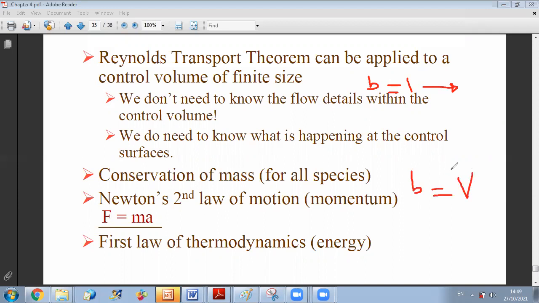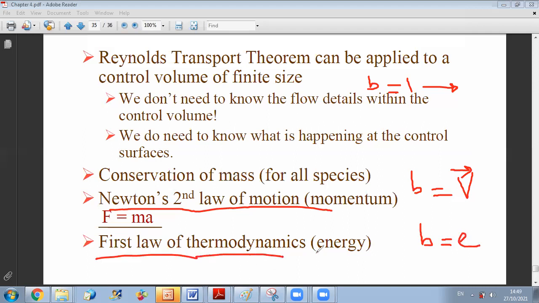When you apply it for b equal to v, you will get what is similar to Newton's second law in dynamics, so you'll obtain the conservation law for linear momentum. And if b is the property of energy, then you will end up with the first law of thermodynamics. So we'll apply the Reynolds transport theorem for all of these cases next.